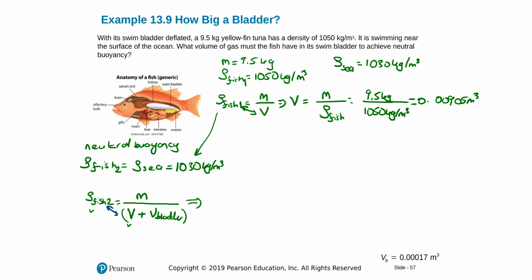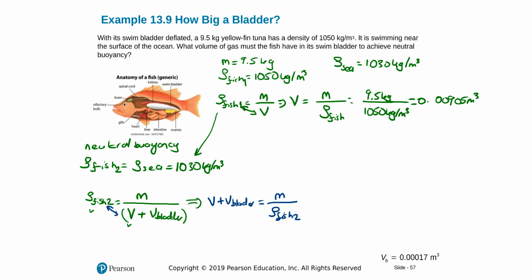So I'm going to have V plus the added bladder volume is equal to mass divided by rho fish. That's the density of the fish in the second case, where we're going to change it to the sea density. So this will be 1030 kilogram per meter cube.